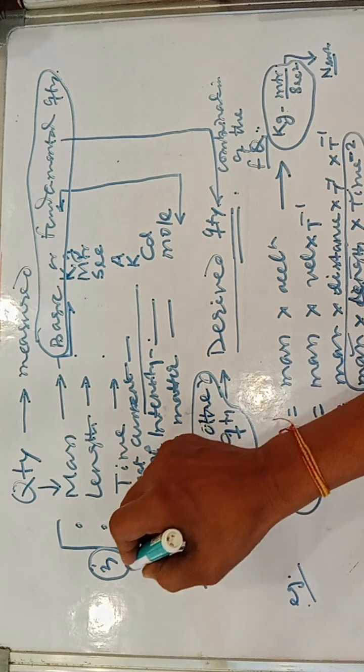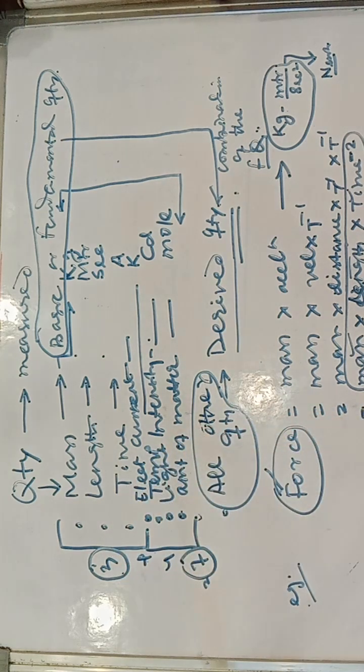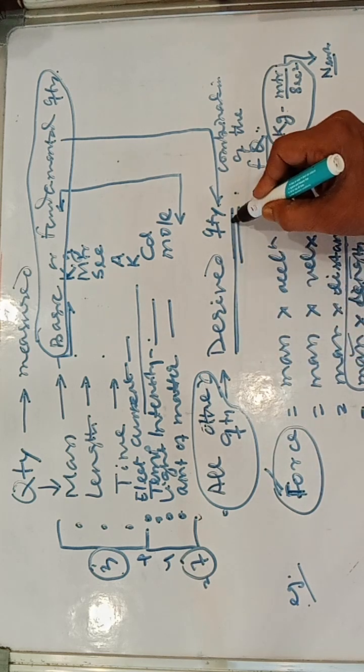Sometimes it will be expressed in terms of all seven fundamental quantities. Now, with the help of all these fundamental quantities, we will be able to express all derived quantities in physics.